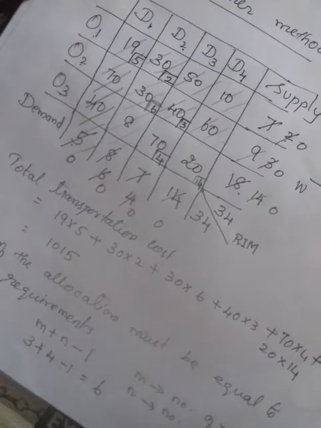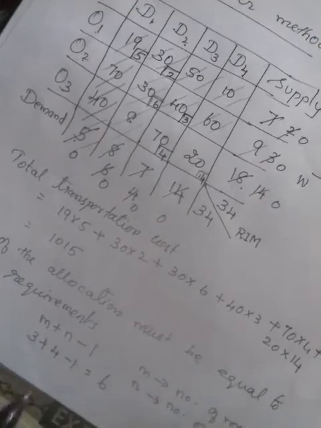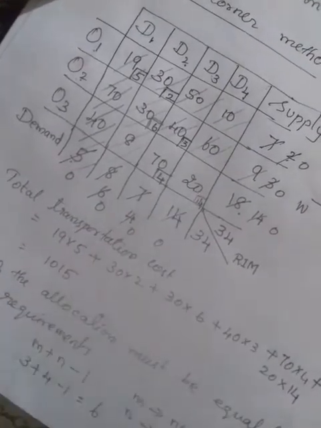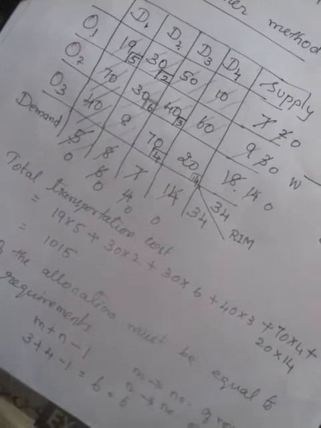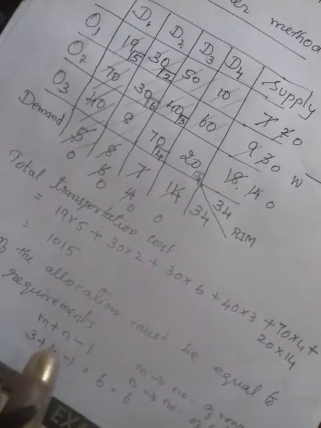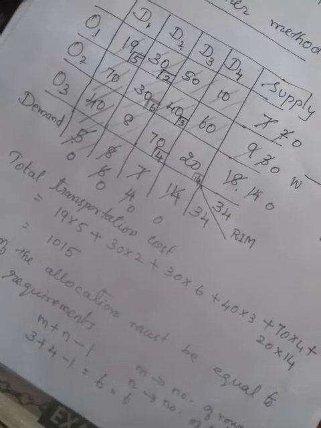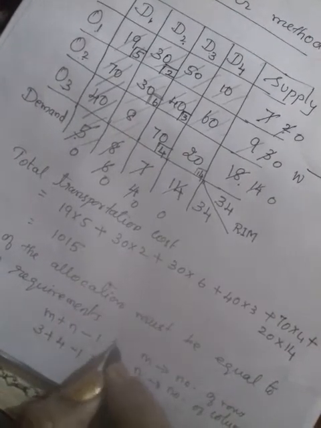Number of allocations must be equal to the given requirement. How many allocated cells? 1, 2, 3, 4, 5, 6. It should be equal. The number of allocated cells should be equal to m plus n minus 1.